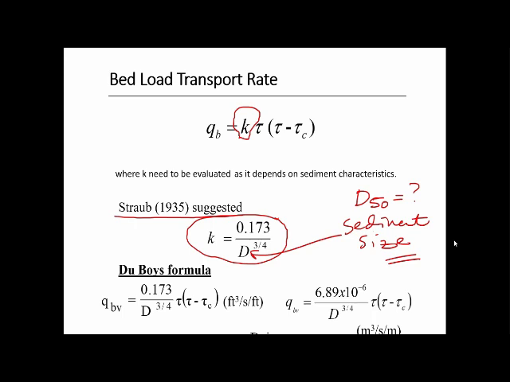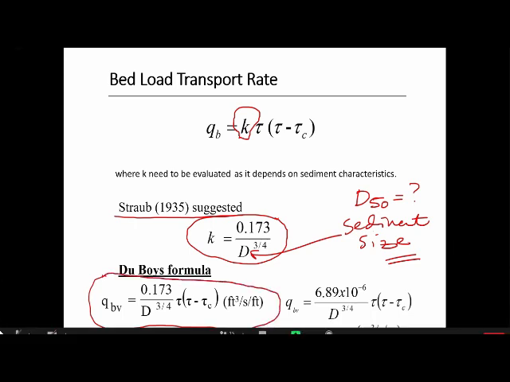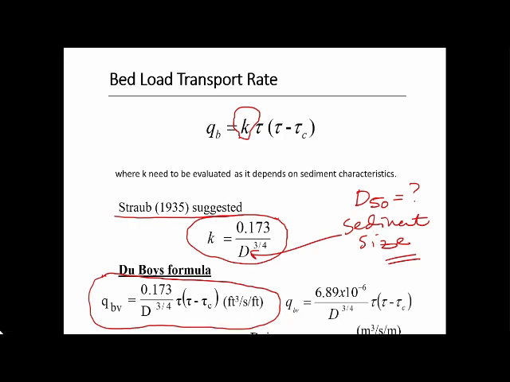But this equation, so if you put this equation K into this Du Bois formula, so what you will have is this final forms of the bed load transport derived by the Du Bois, but this is in a unit feet cubic per square per second per meter. So this is in a British unit.